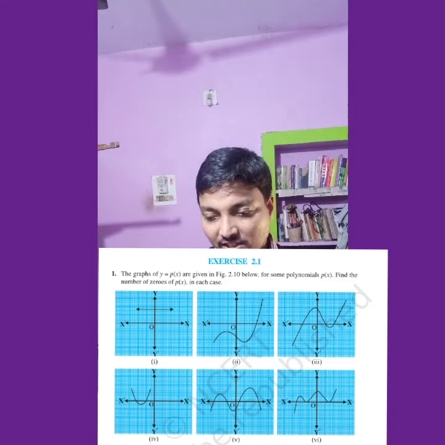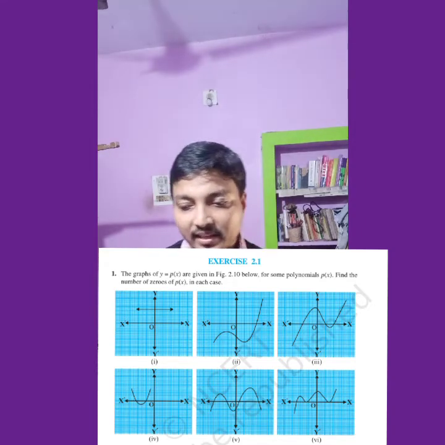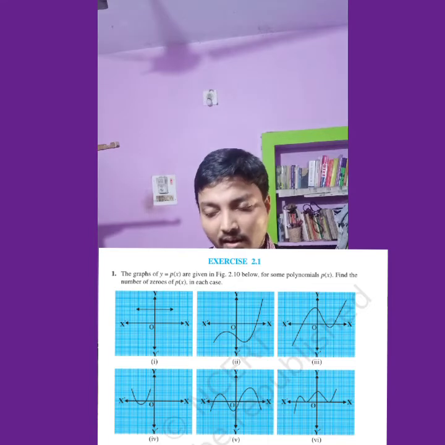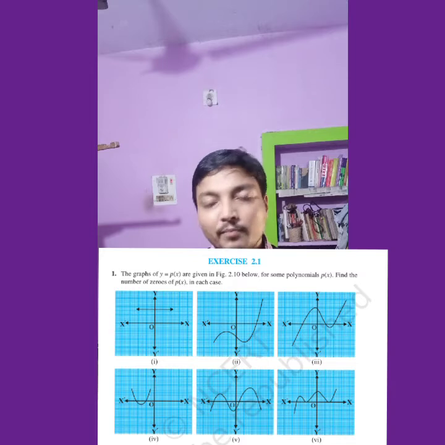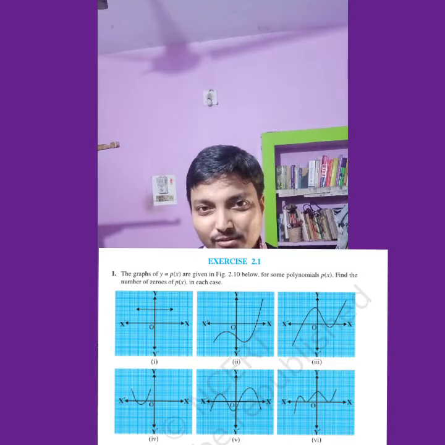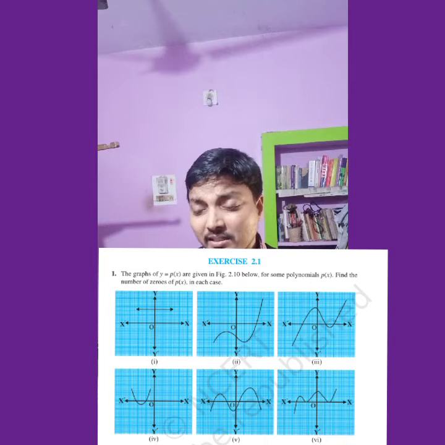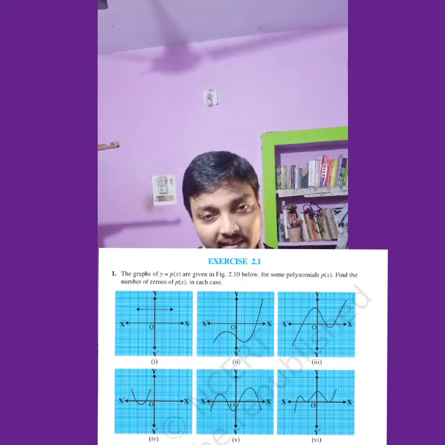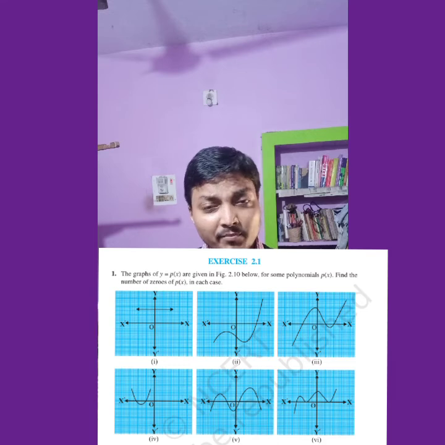Now the last question, the VI question: the curve touches the x-axis at 1, 2, 3 points, at 3 points, so that polynomial must have 3 zeros. Clear? Perfectly understood.